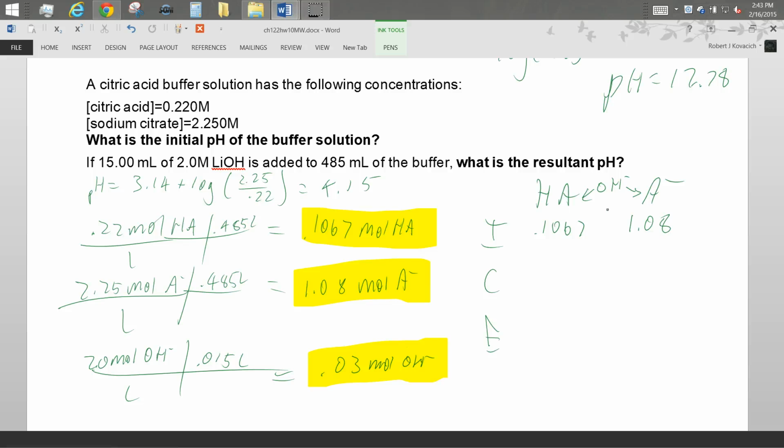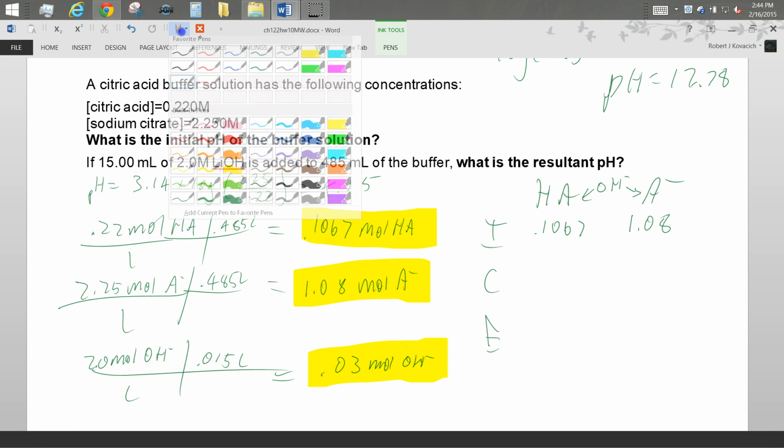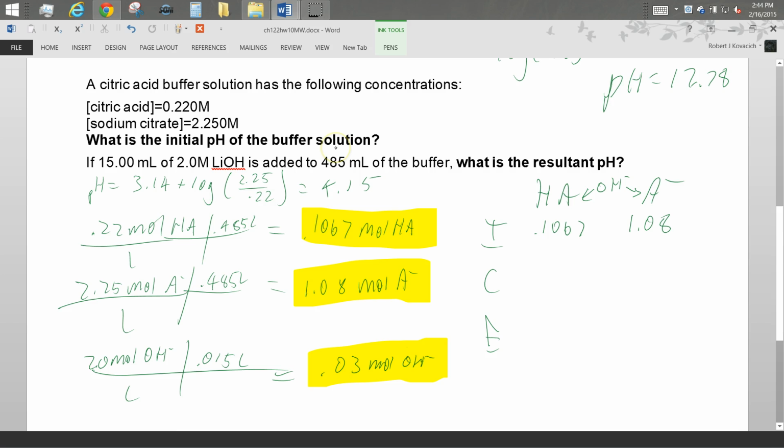What do bases react with? Acids. Bases react with acids. Tell me a really good reason why the OH is not going to react with the citrate anion.